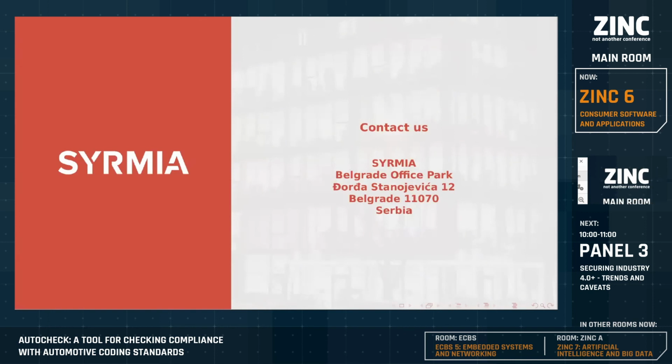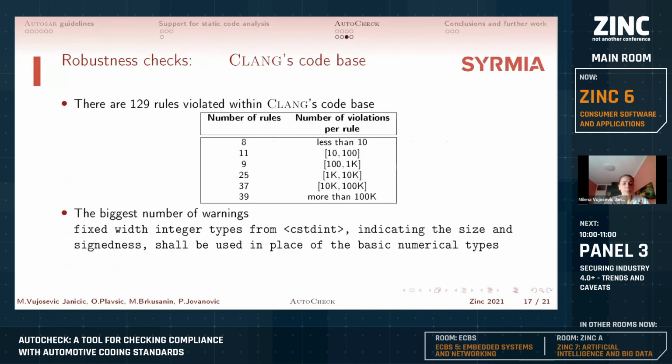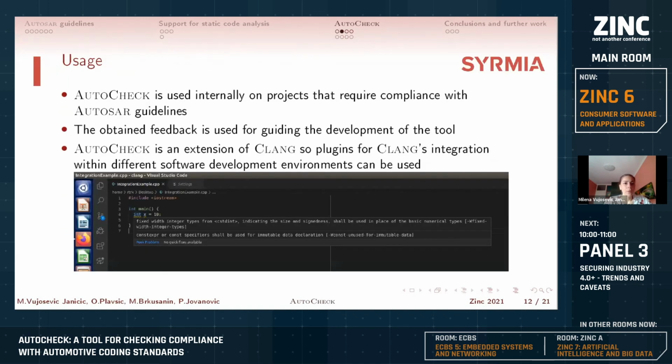Thank you. And one presumably short explanation would be appreciated. What's wrong with the warning shown in figure 2, int x equals 10? So what exactly is wrong with that statement? Sorry, there is a warning in that one slide. If I could move back on that slide, with the picture, I will read the warning: fixed width integer types indicating the size and signedness shall be used in place of the basic numerical types.